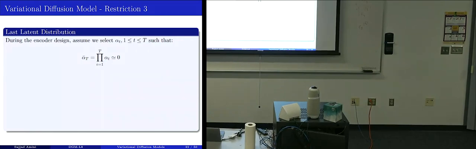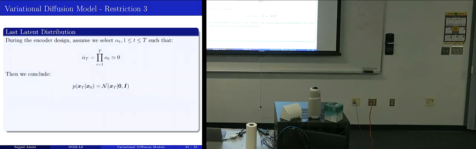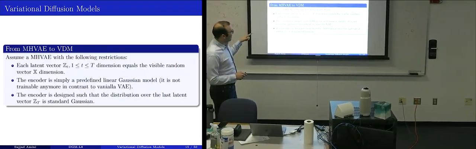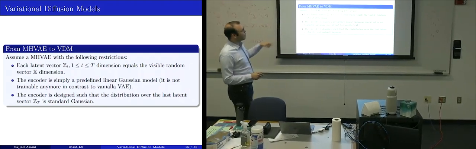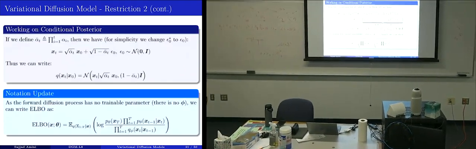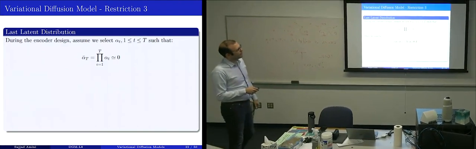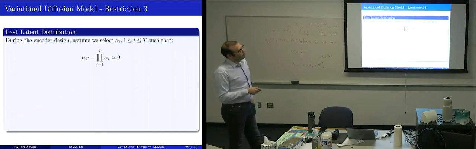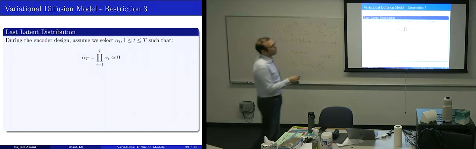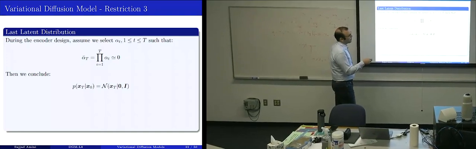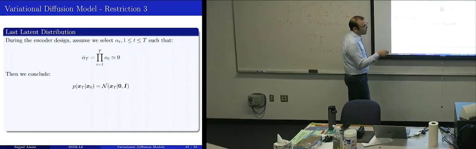This is the restriction number 3. What was the restriction number 3? Do you remember? Yes, you want to design it so that the last one is Gaussian. We talked about how we can derive this condition. You can select alpha t so that this multiplication becomes 0, and as a result, p of xt given x0 is normal over xt.